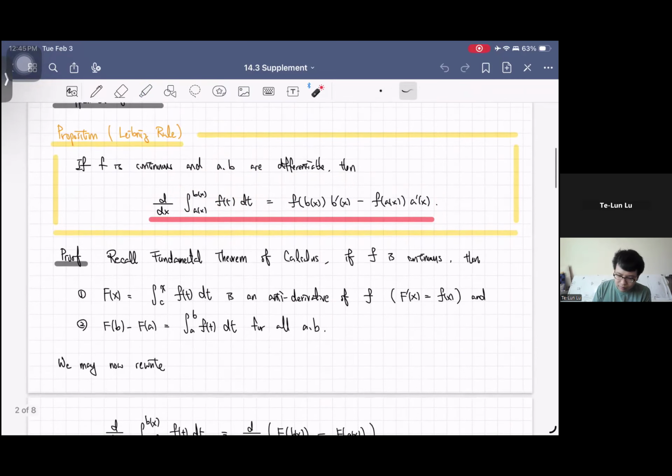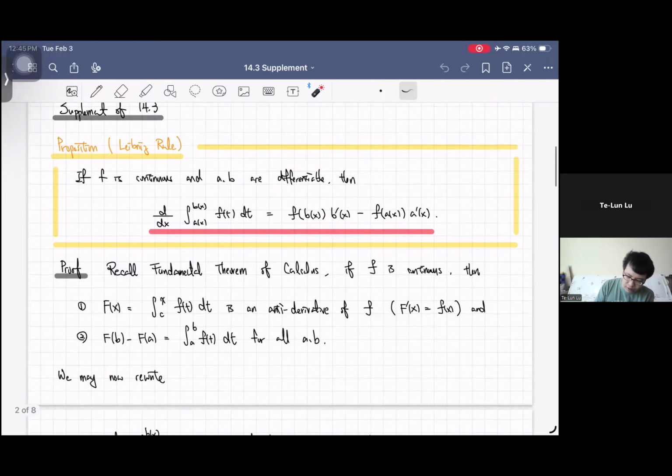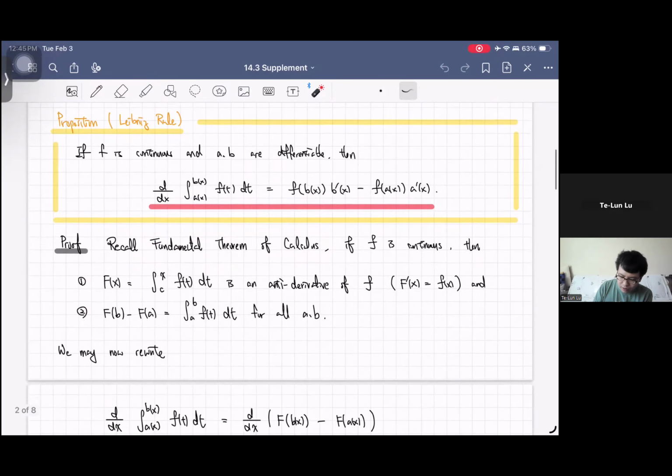This is directly due to the fundamental theorem of calculus, so let us recall that. There are two parts. First, whenever f is continuous, given an indefinite integral starting at whatever point c, this function will be an antiderivative of f.